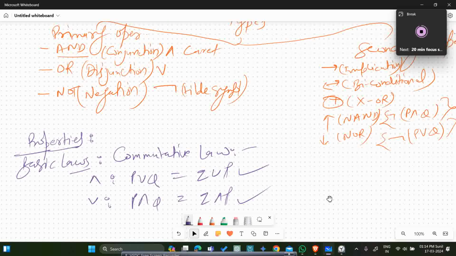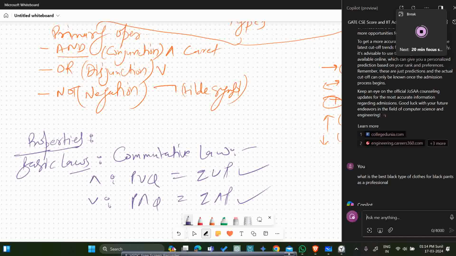I think there is no symbol. Let's just check for this.